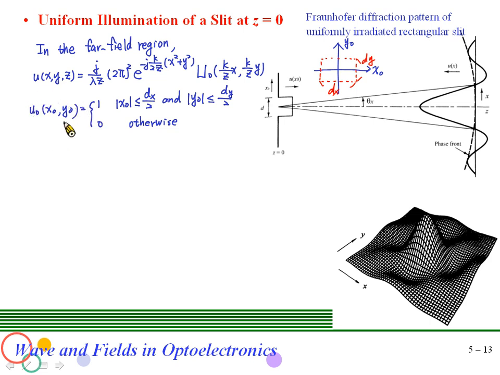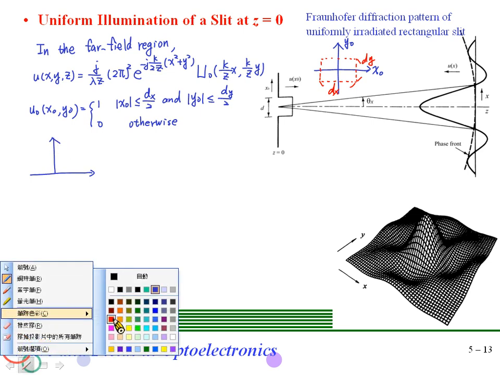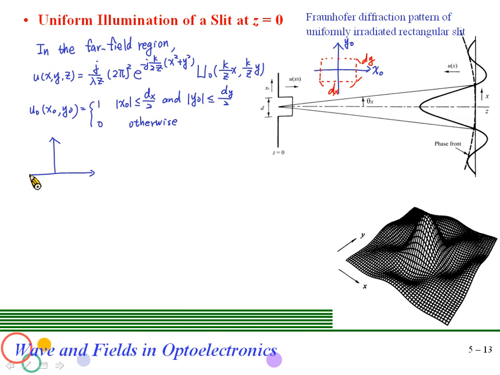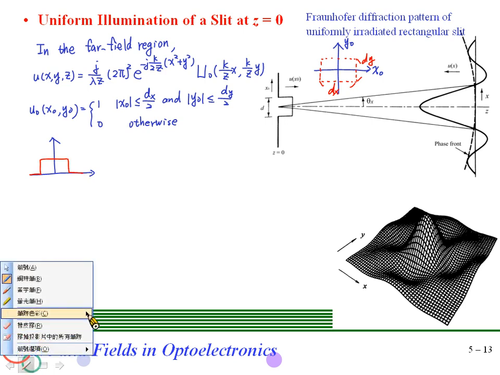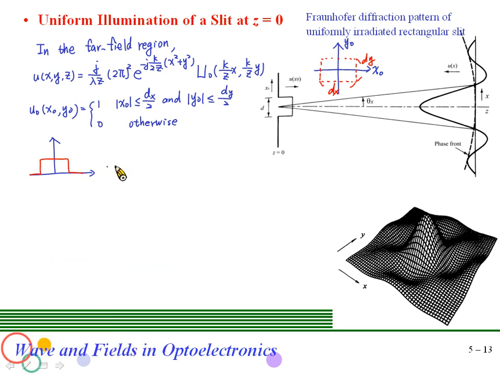And now we have to find out the Fourier transform of this initial amplitude. So let's go back to the Fourier transform. Consider a rectangular function like this, and what will be its corresponding Fourier transform function.